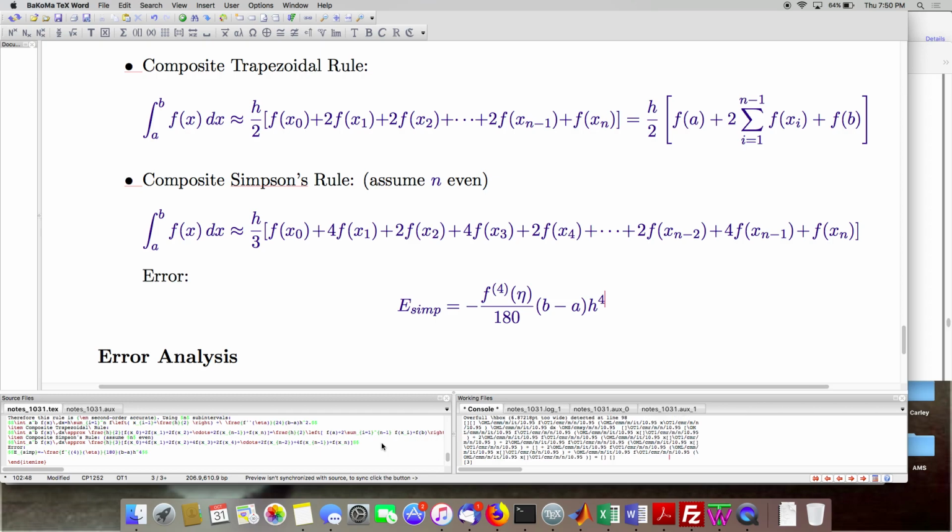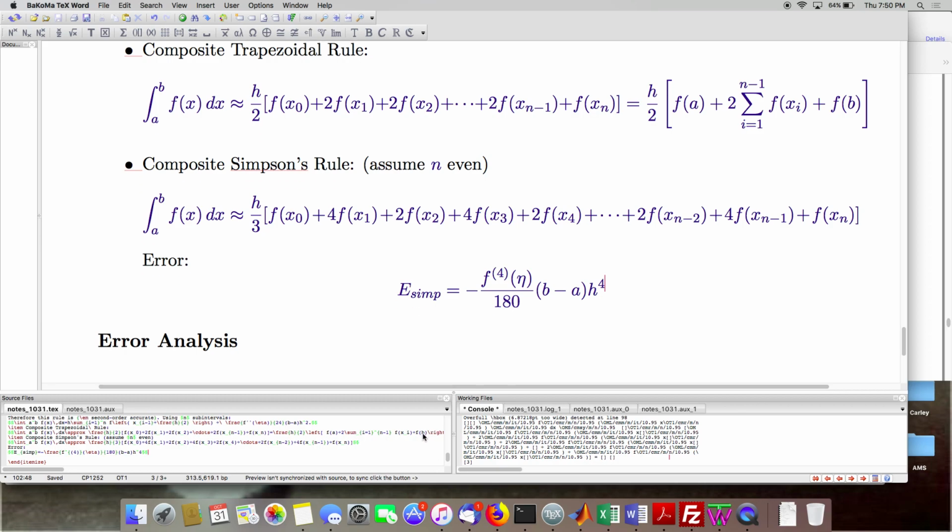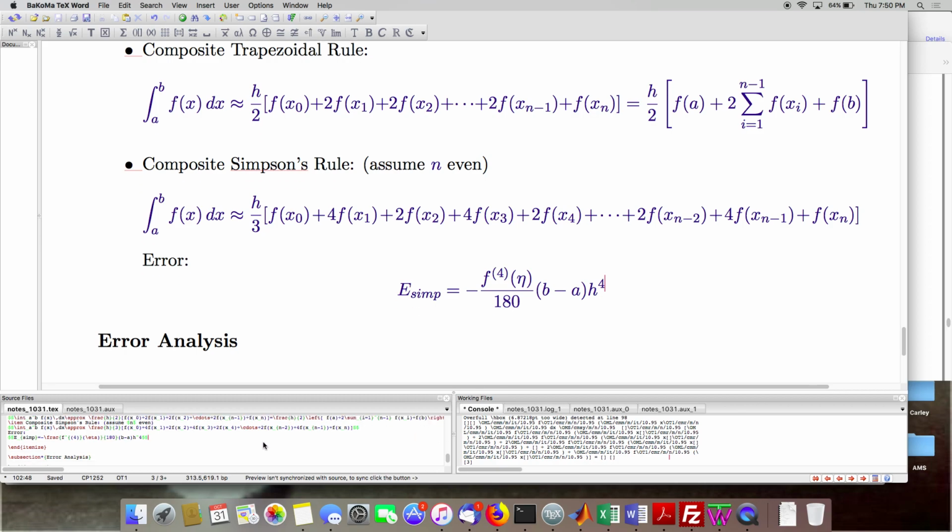So fourth order accurate. If you double the number of subintervals, h gets cut by a factor of 2. The error should get cut by a factor of about 16. It doesn't always happen, but in most cases it does.